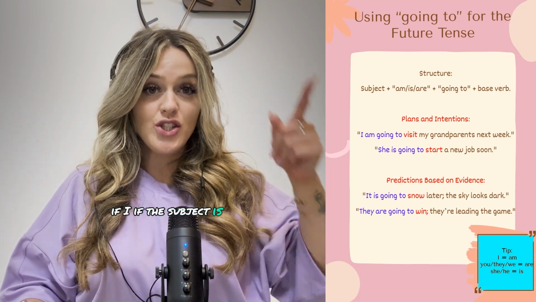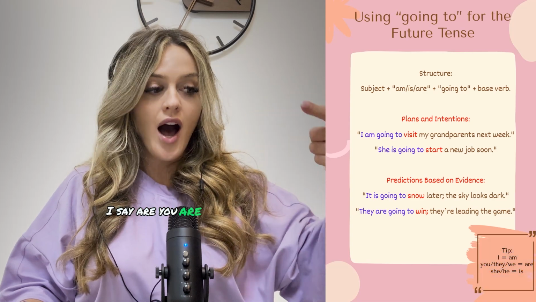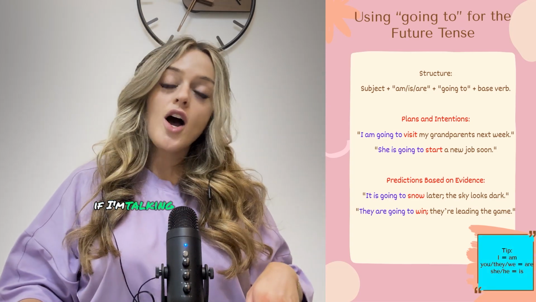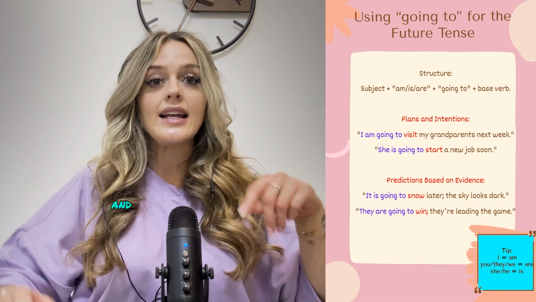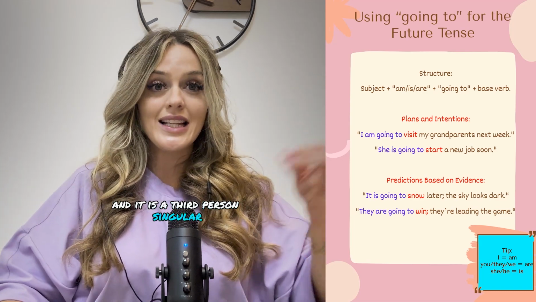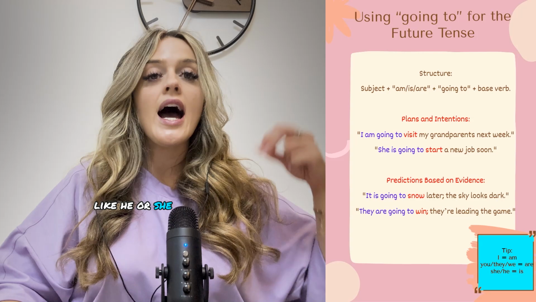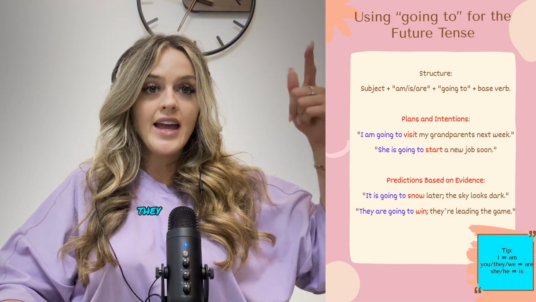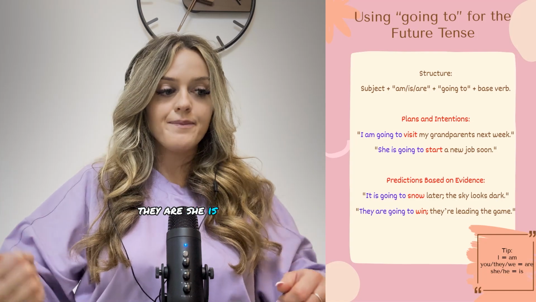If the subject is you, I say are. You are, they are, we are. If I'm talking about somebody else and it is a third person singular like he or she, I use the word is. I am, they are, she is.